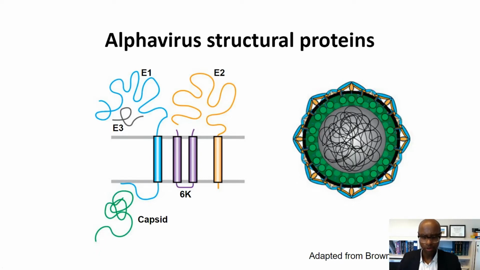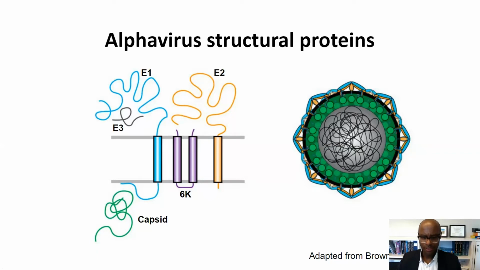E3 is a chaperone for E1 and E2, and E1 and E2 associate as dimers of trimers that form an icosahedral shell on the surface of the virus, which is shown on the right part of the slide here. You will see there's an outer layer, in this case shown in blue, and an inner layer shown in orange. These are the trimers of the E2, E1 glycoproteins.